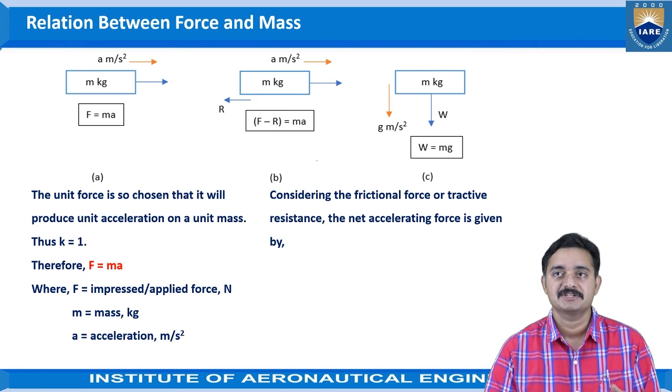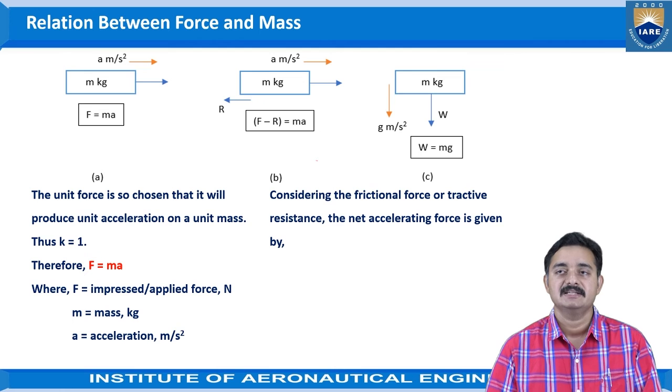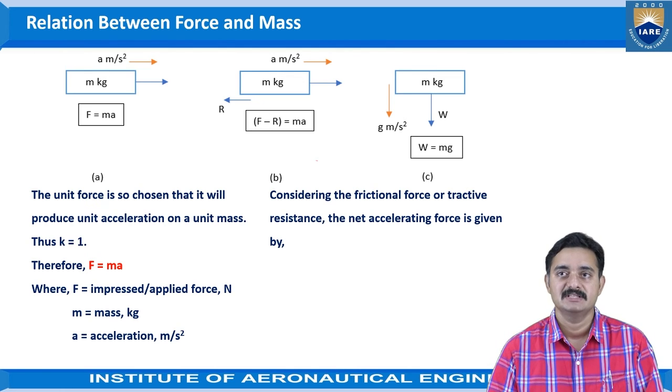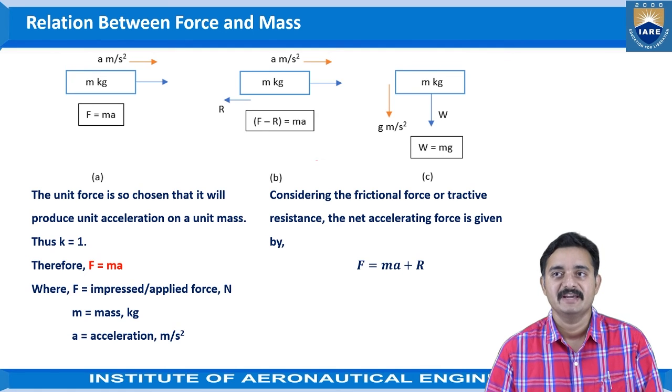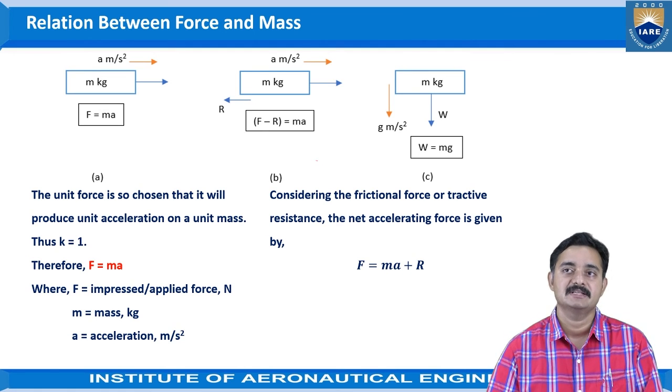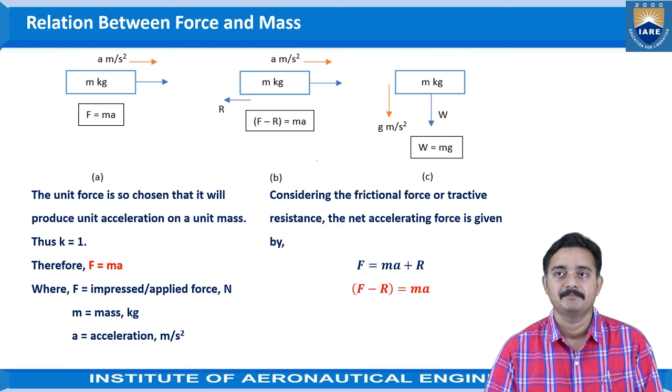So considering the frictional force or tractive resistance, the net accelerating force is given by F is equal to MA plus R, that is F minus R is equal to MA.